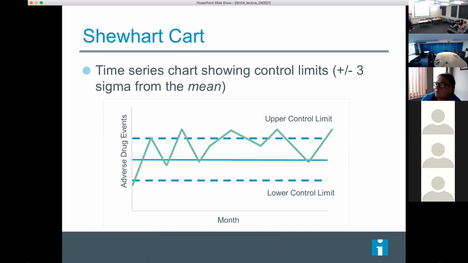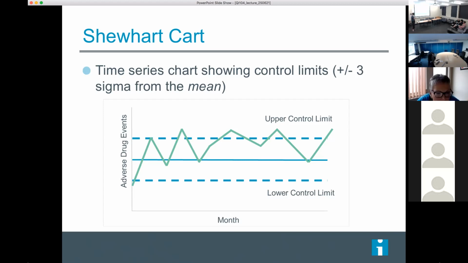It's very similar in some ways to a run chart. It's like a run chart, but with a few more things on it, in particular the upper and lower control limits. There are statistical limits that are added, and they're plus or minus 3 standard deviations. So they just add a different layer of statistical control to it.